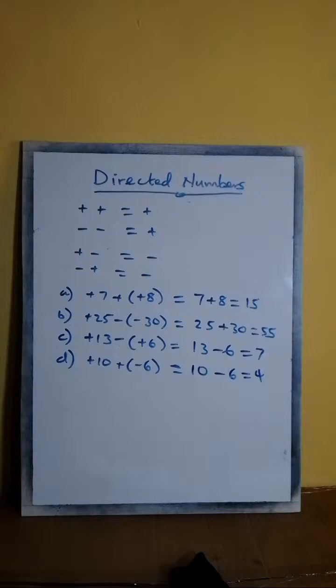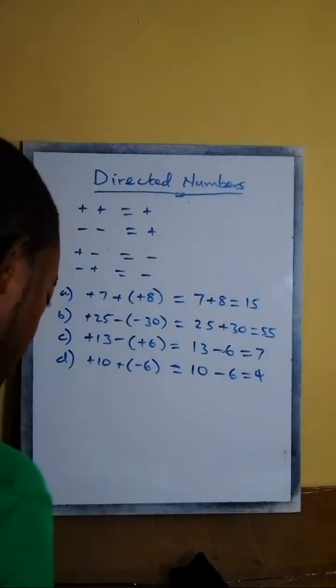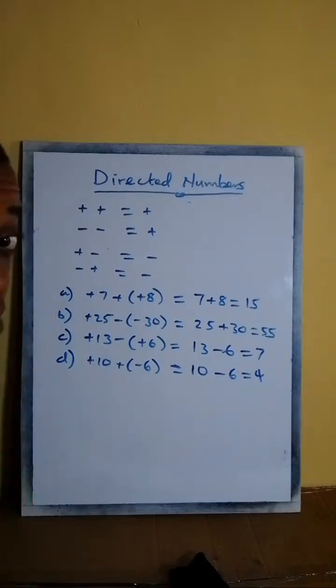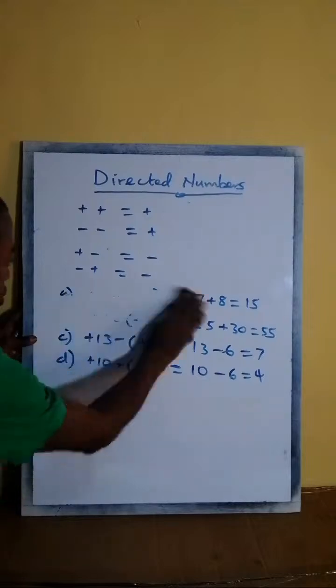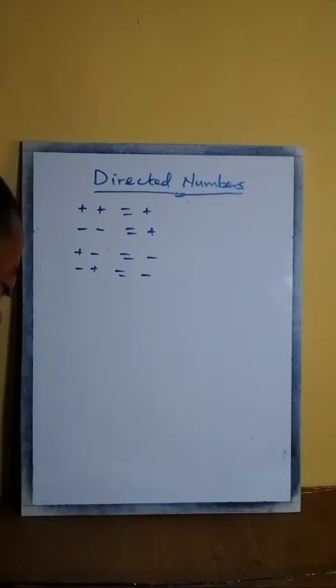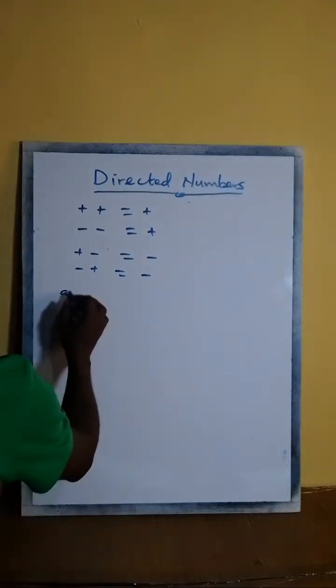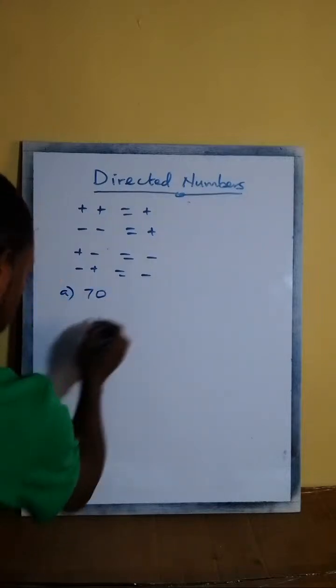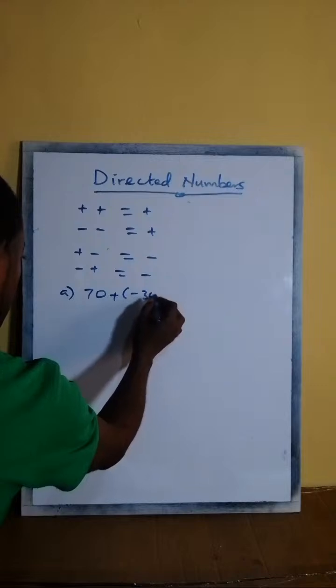So now this principle will help us to handle problems that require directed numbers like this. Then we also have so many more we can lay our hands upon. Let me write some out that you can quickly do as mental sums, very fast. A, we have 70 plus minus 30.